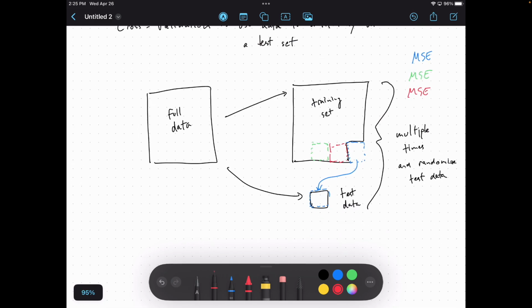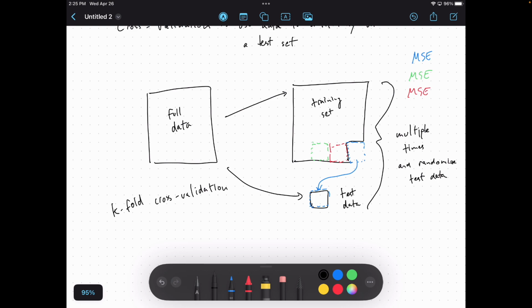So this procedure is known as k-fold cross-validation. Essentially, if k is equal to 5, for example, then I will split my full data into 5 randomly apportioned pieces, and then I will do this procedure 5 times, right?